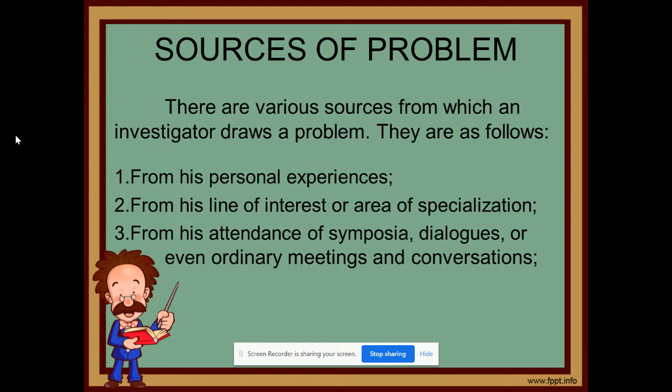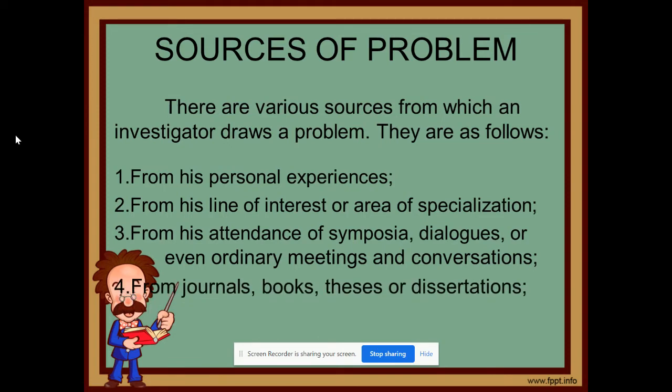So as writer, you have to deal on problems that is within your line of interest, within your capacity, within your expertise. Because you can write so many things if it is within your area of interest or area of specialization. Third, problems that arises from your attendance of symposia, dialogues, or even ordinary meetings and conversation.